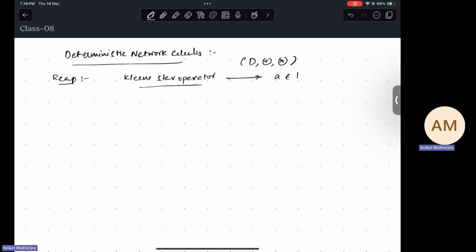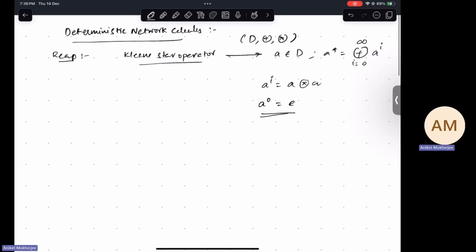For a belonging to the dioid, a star was the Kleene star operator, defined as the sum over i equal to 0 to infinity of a^i, where a^i equals a times a, and a^0 was the unit element.